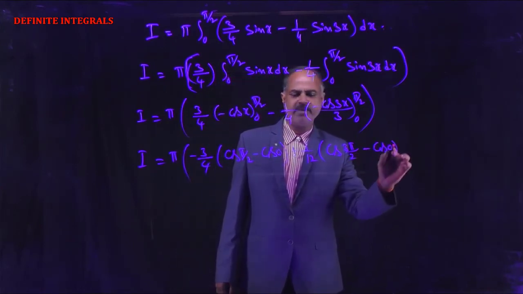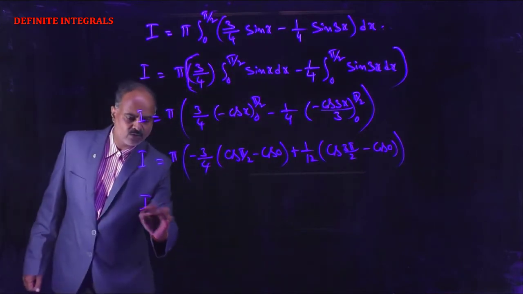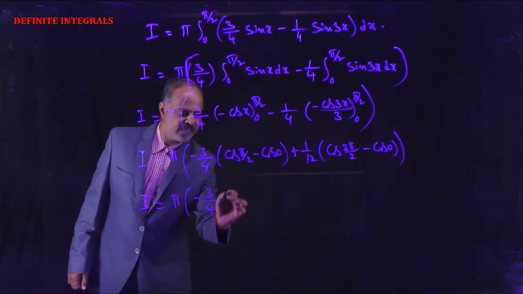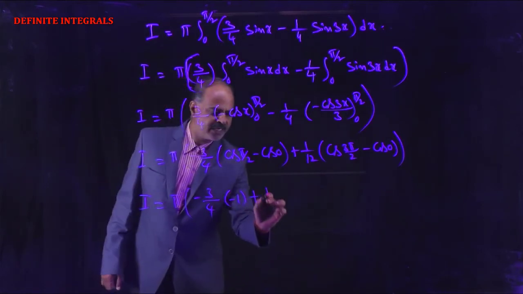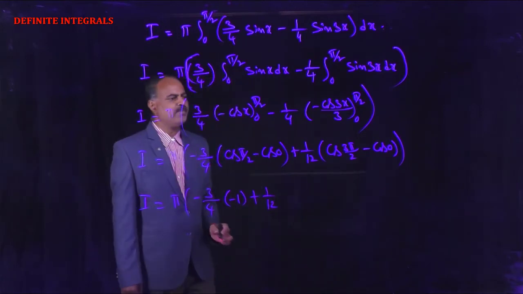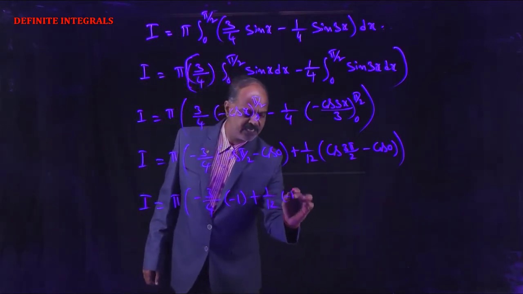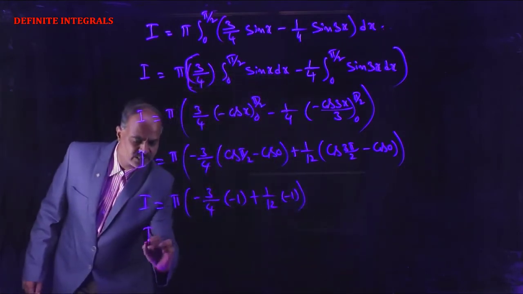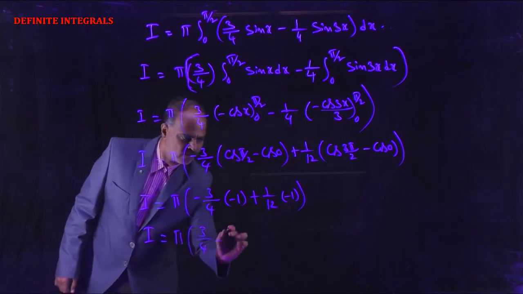Now I equals pi into minus 3 by 4 into 0 minus 1, that is minus 1, plus 1 by 12 into cos 3 pi by 2 which is 0, minus cos 0 which is 1, that is minus 1.